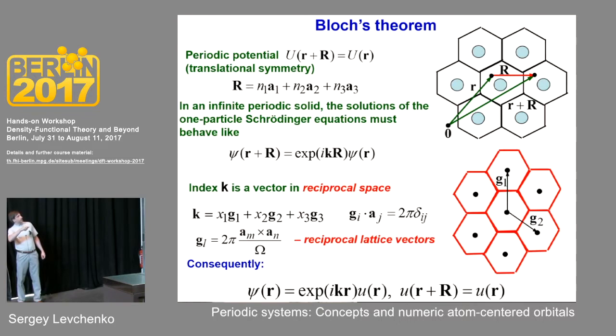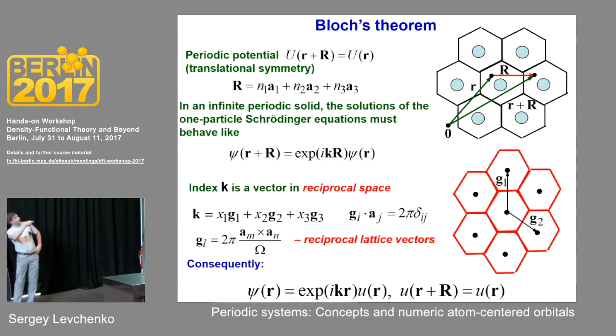These vectors are vector products of the primitive lattice vectors, and they have this property that each reciprocal lattice vector is perpendicular to a pair of the normal lattice vectors in real space. So this is an example. We have, for example, this lattice here, and then this would be our reciprocal space, and this k point lives in this reciprocal space.